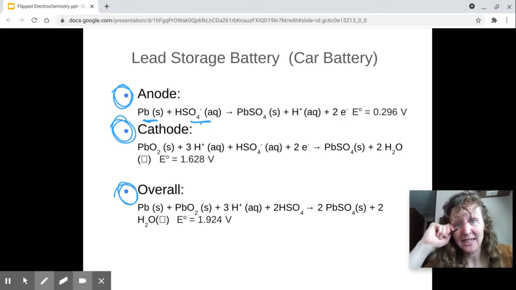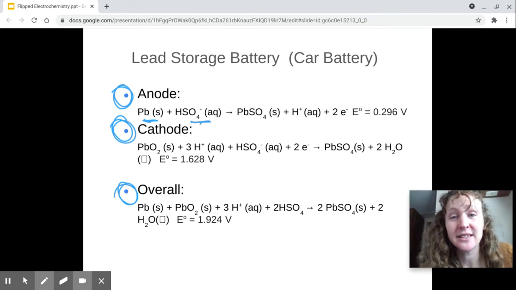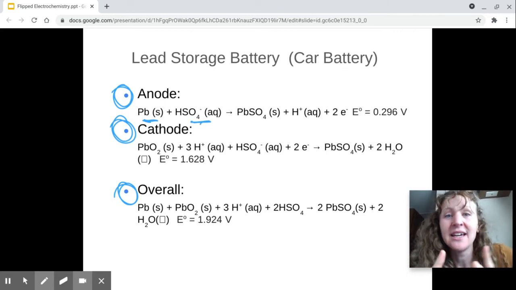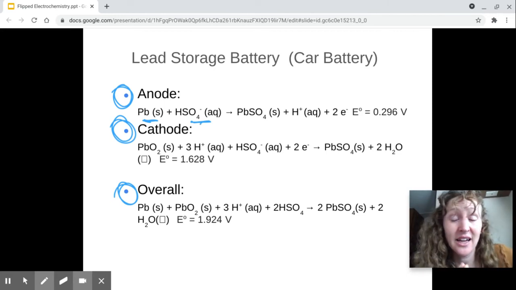And so lead batteries or car batteries can be especially dangerous because they contain lead and they contain sulfuric acid. So they have to be taken care of. They have to be disposed of properly.